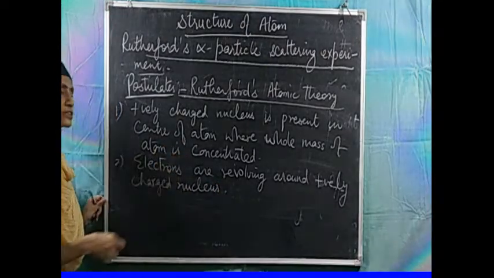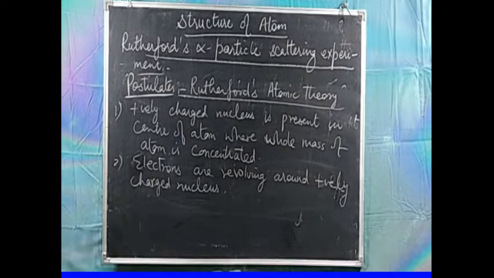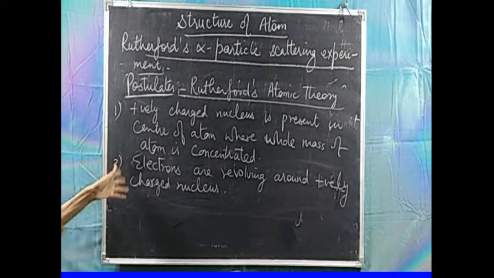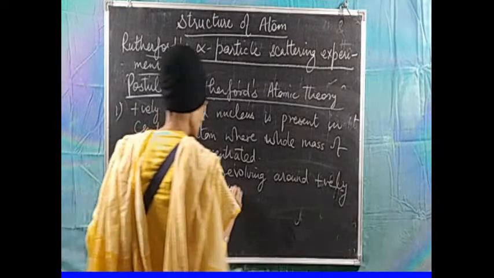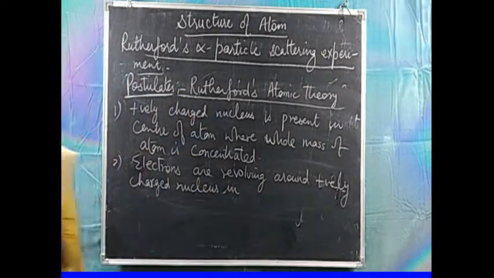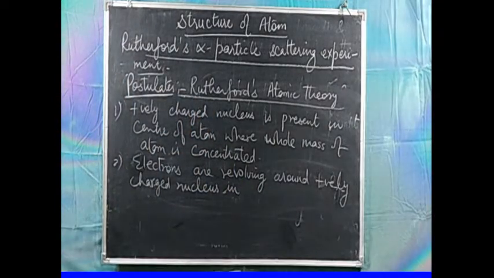They are revolving, electrons are in motion, but according to Thomson, electrons are stationary. Rutherford said no, they are revolving around the nucleus in circular well defined orbits.